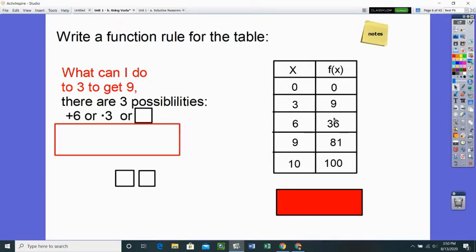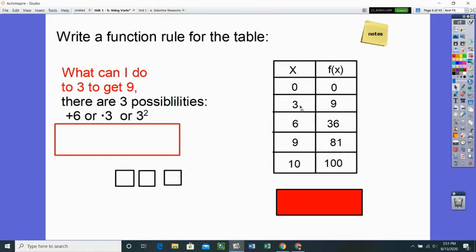Now we're going to look, and you might remember from the last presentation, that these might be special. Do you see another relationship? What can you do to 3 to get to 9? What can you do to 6 to get to 36? Can you see it? How about squaring it? These are all perfect squares. That's what shouted at me.